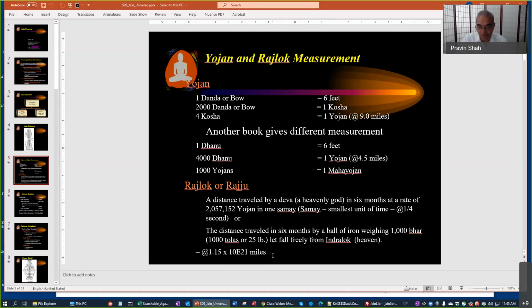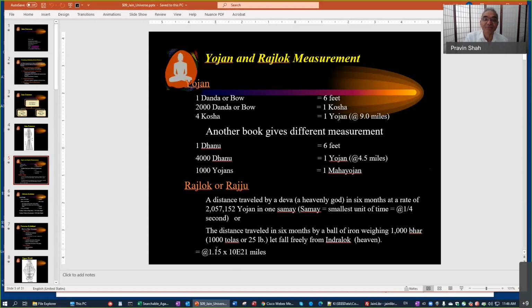This is all approximation. It is more than that, but not less. So you are putting 21 zeros after 1.15, and that many miles, if our computer can calculate it, is the distance for one Rajlok.